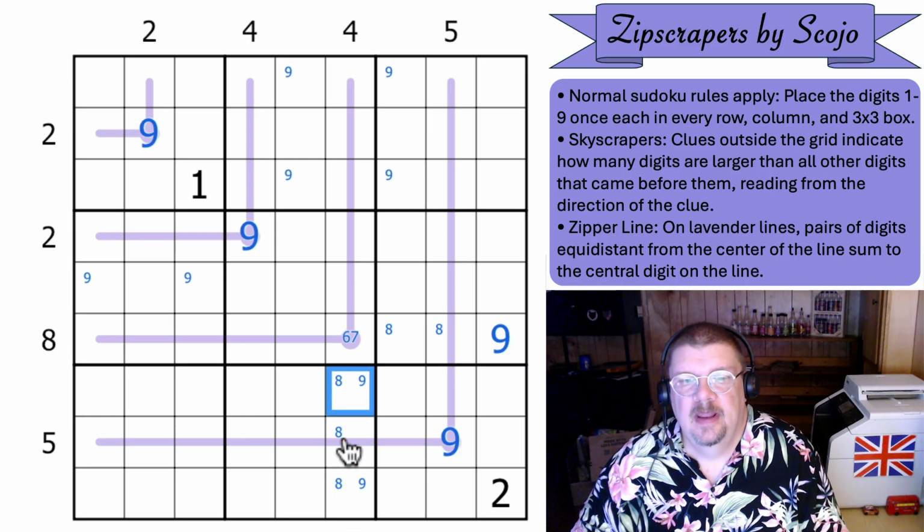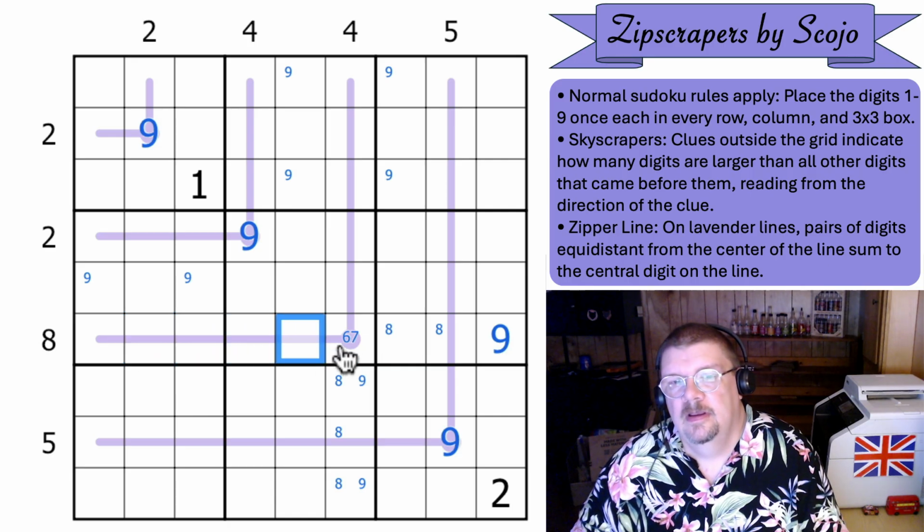But if we had 7, 8, then we would see the 5, the 6, the 7, the 8, and the 9, and this would need to be a 5. So it would have to be 5, 6, 8, 7, 9. But if 7 is here, that puts a 2 here, but we've already said this is 1, 2, 3, 4, 5.